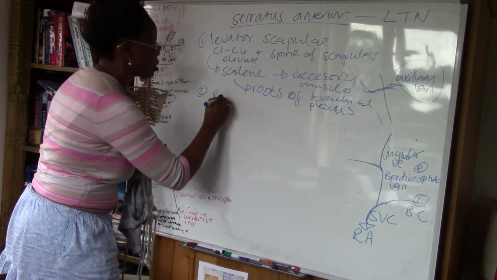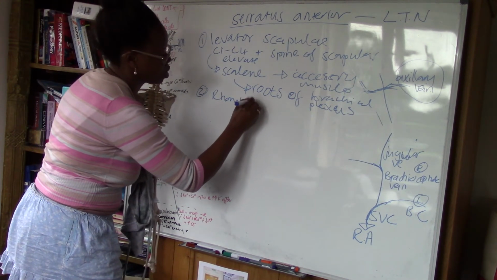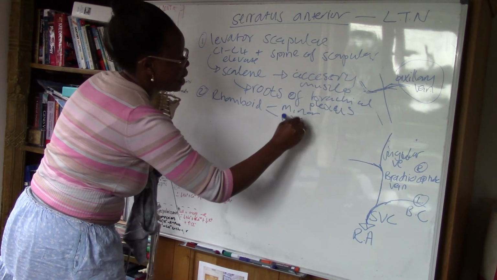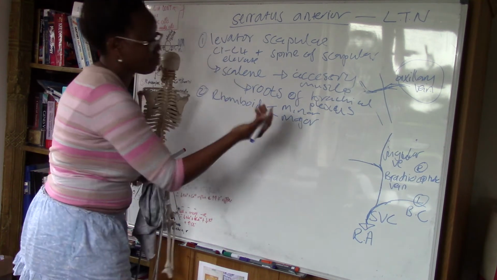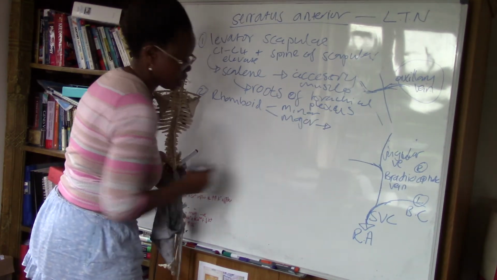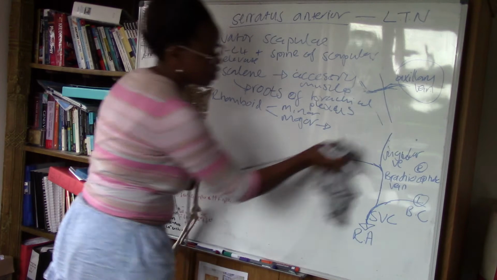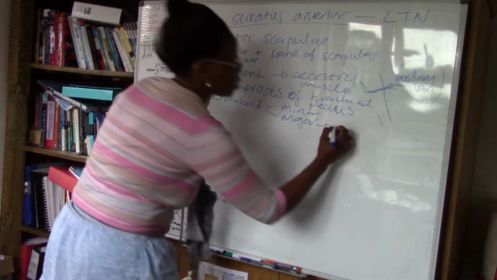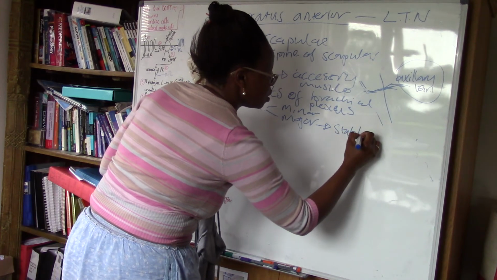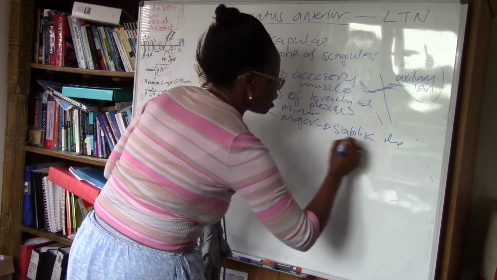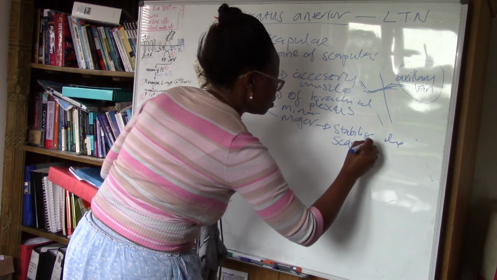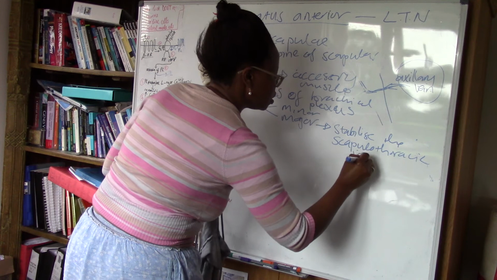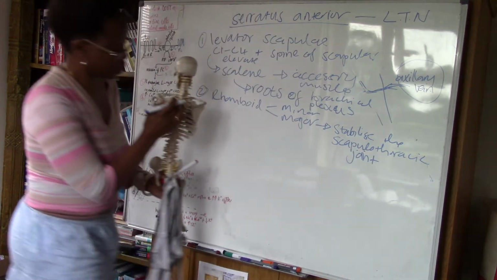So rhomboids, that's rhomboid minor and rhomboid major, and their function really is to stabilize the scapulothoracic joint, which is over there.